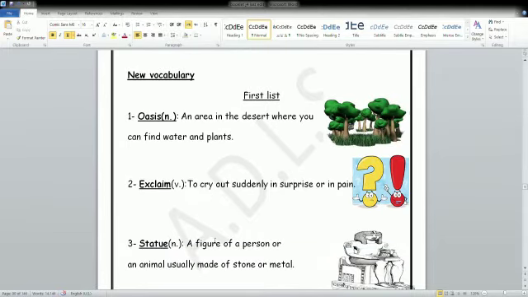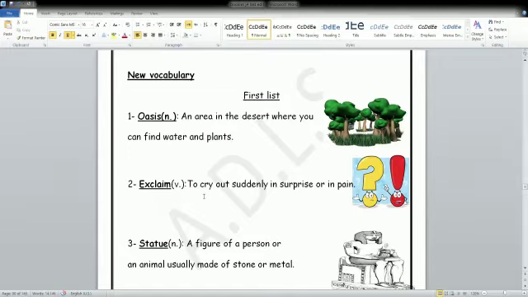Next, the word exclaim. It's a verb or something you do. It means to cry out suddenly in surprise or in pain. To cry out or scream or shout. Let's use it in an example. It's 6 o'clock. He exclaimed how late it was.